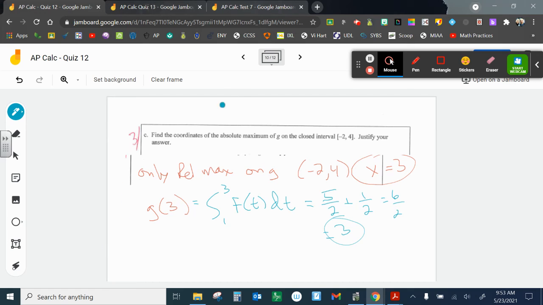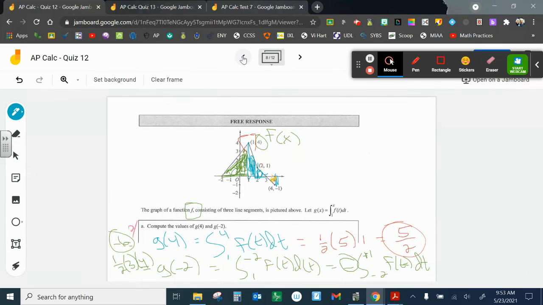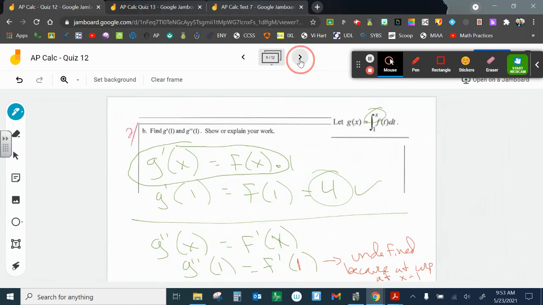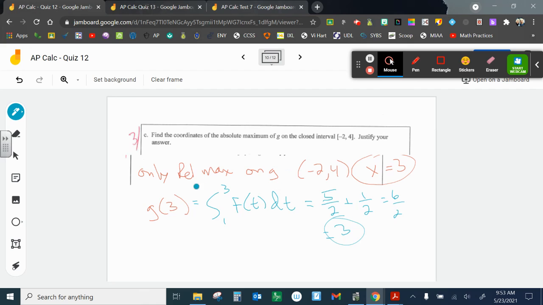And I think on part A, we found what G of -2 was. We found that to be -6. And then we found G of 4 to be 5 halves. So those are the other two. We said G of -2 was -6, and G of 4 was 5 halves.